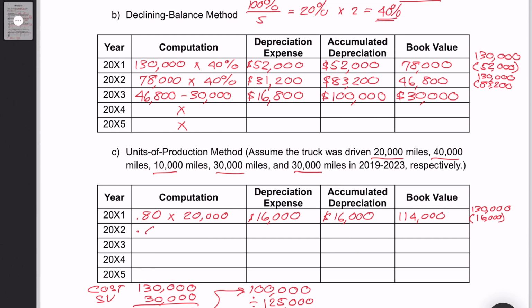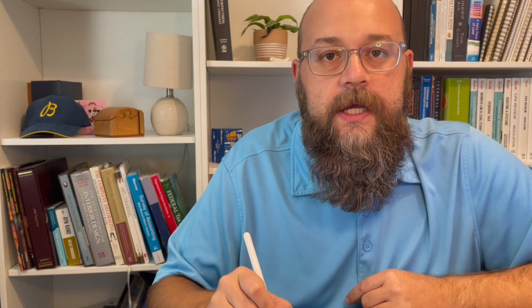Following the same process, we're going to move on to year 2. 80 cents per mile multiplied by our 40,000 miles in year 2. That's going to give us $32,000 of depreciation expense. My accumulated depreciation, again, is when we are adding all the depreciation we've recognized so far.